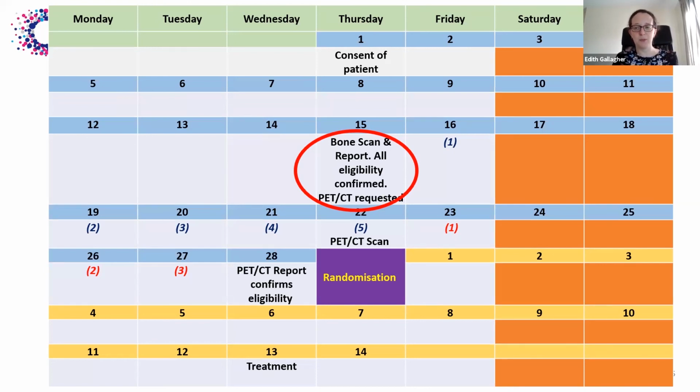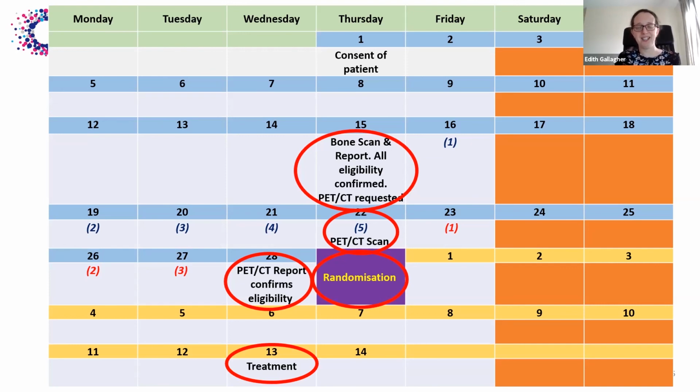Then the PET-CT was performed 5 working days later, after which the report was sent through to confirm that the patient could be randomized onto the trial. Treatment was then started 13 days after randomization, which was just within the 28-day timeframe, so that the bone scan did not require repeating.